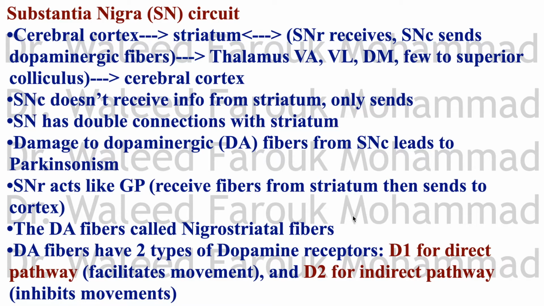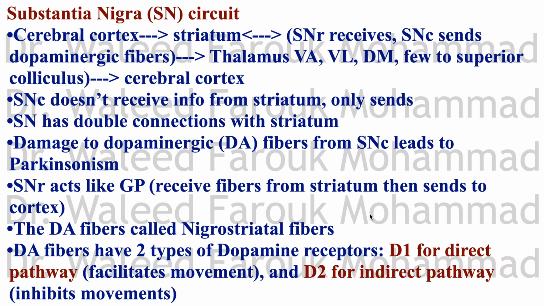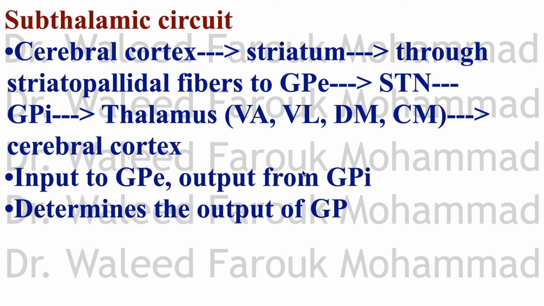And if stimulation occurs of the D2 receptors, these will activate what's called the indirect pathway of the circuitry, the end result of which is inhibition of movements. So it's the balance between the activity of these two circuits, determined by the activation of D1 and D2 receptors, that determines the movement. Okay? This is how the basal ganglia work.